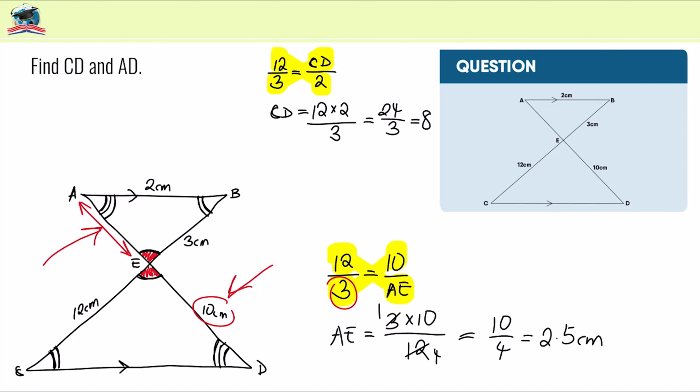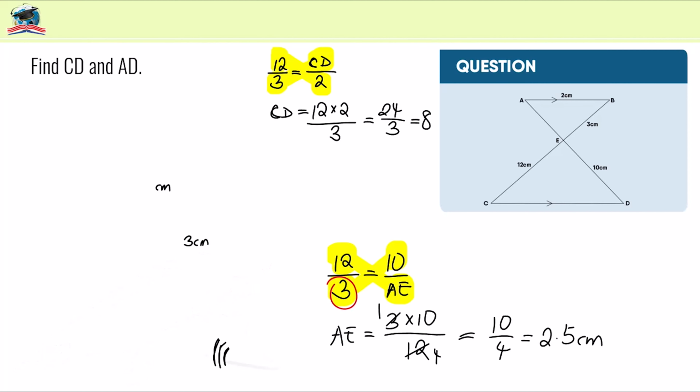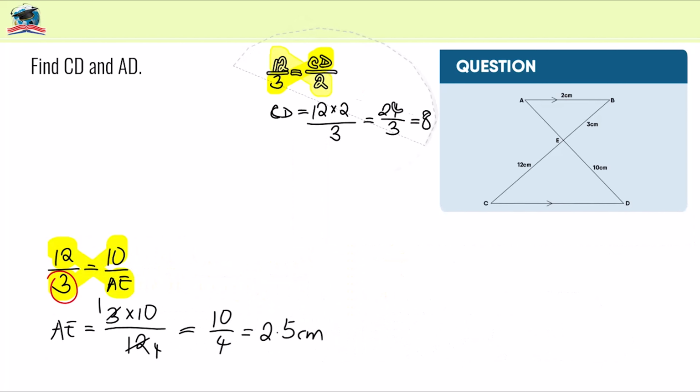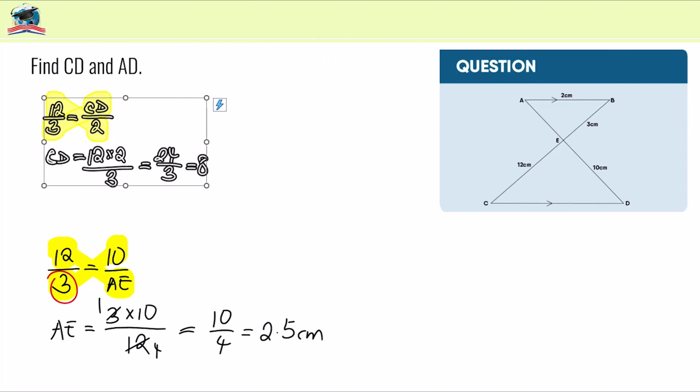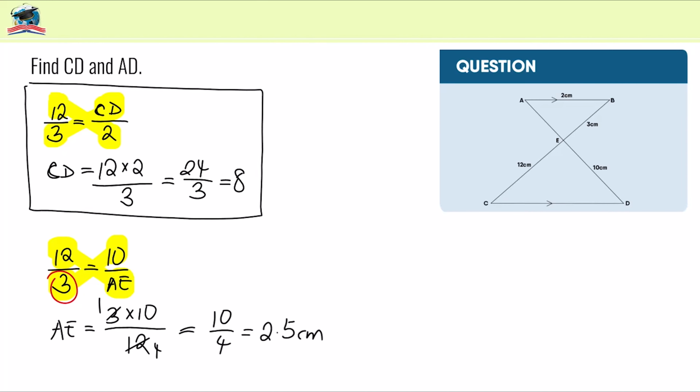Okay, let's do that. Let's take this here, move it here. So that's the first part there. This is sorted. And the second part here, we're looking for AD.